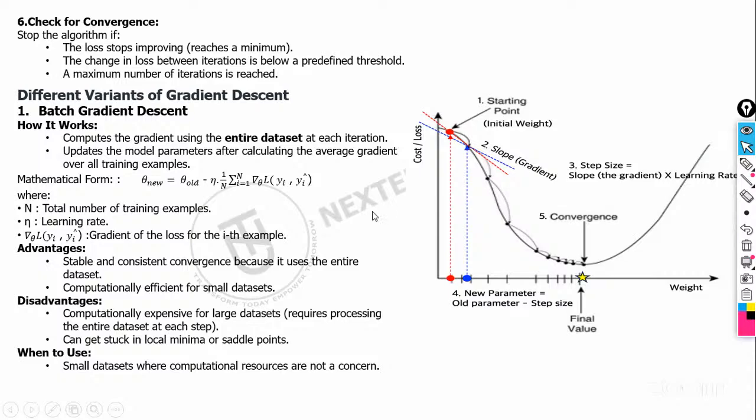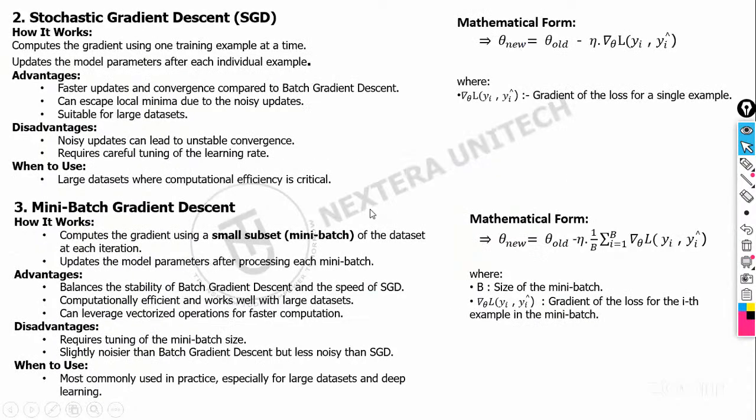Let me talk about stochastic gradient descent. Stochastic gradient descent computes the gradient using each and every instance. So if you have 100 records in your training data, each and every instance, that means each and every row, will be used to compute the gradient.